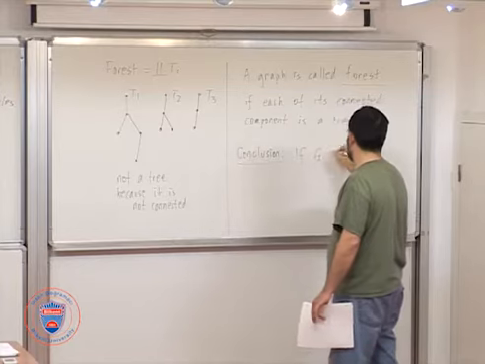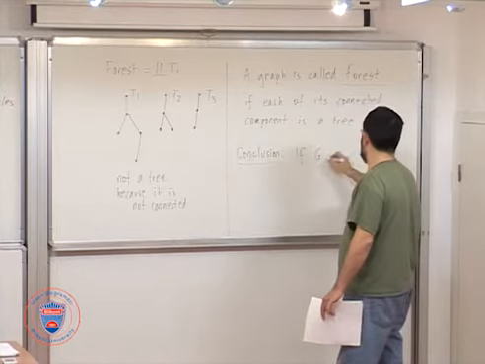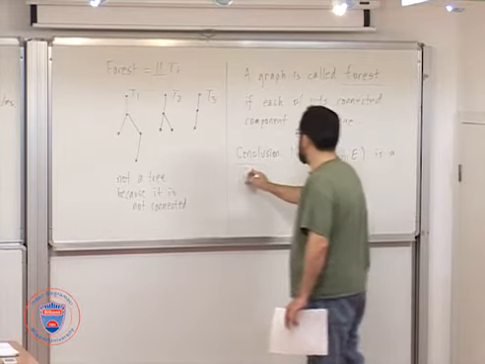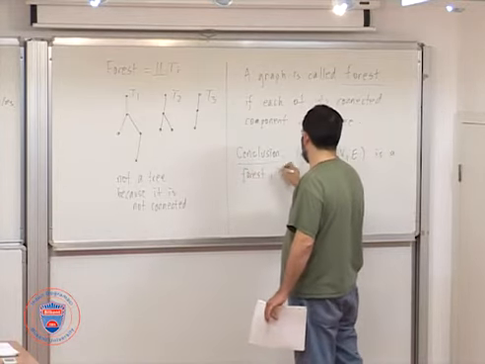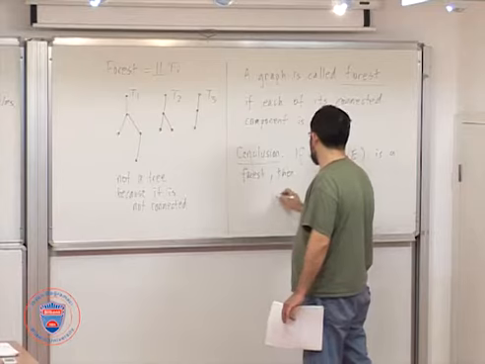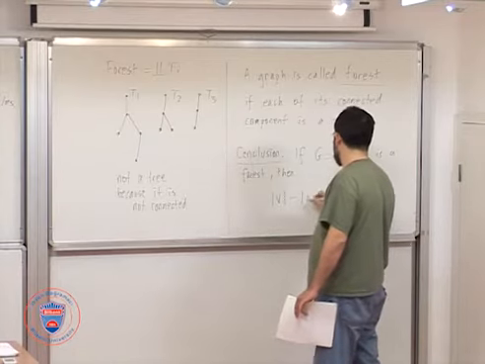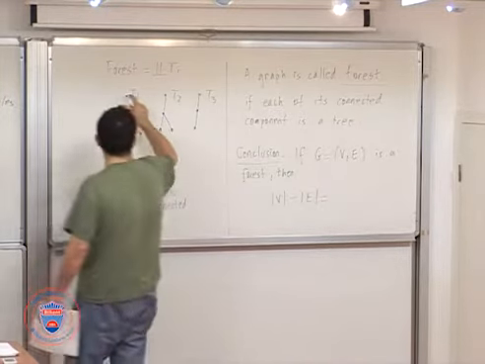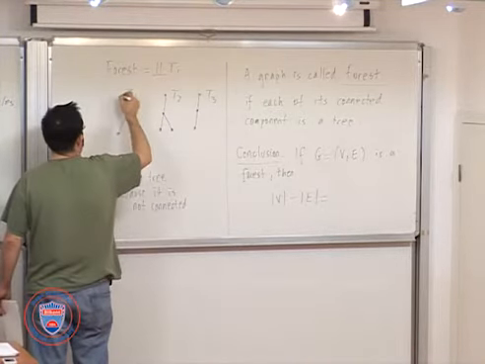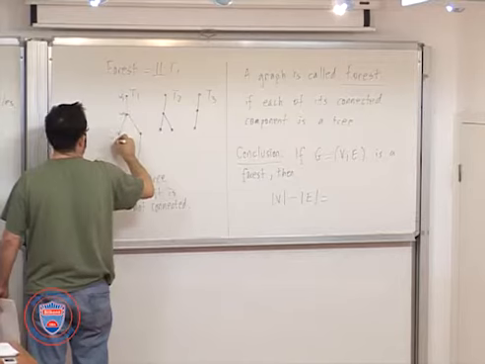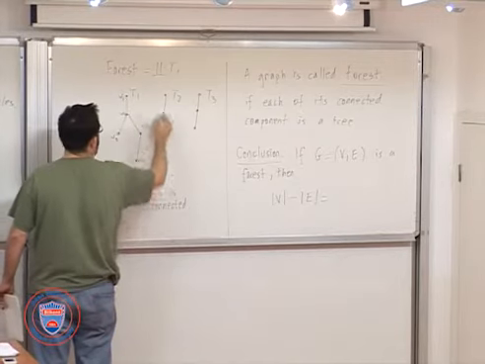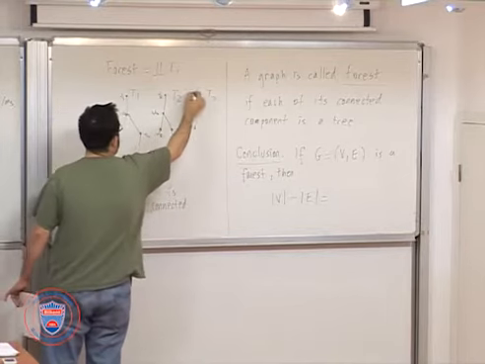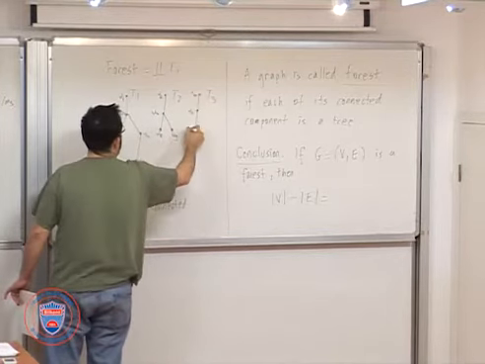If G is a forest, say with vertices and edges, then if you look at the number of vertices and subtract the number of edges, you can do it here. You have V1, V2, V3, V4, V5, V6, V7, V8, 9, V10, 12.